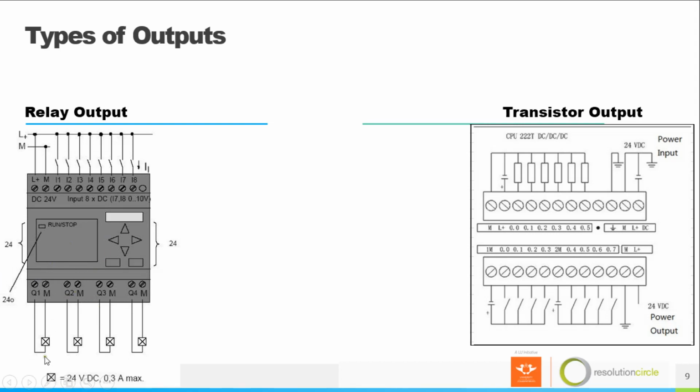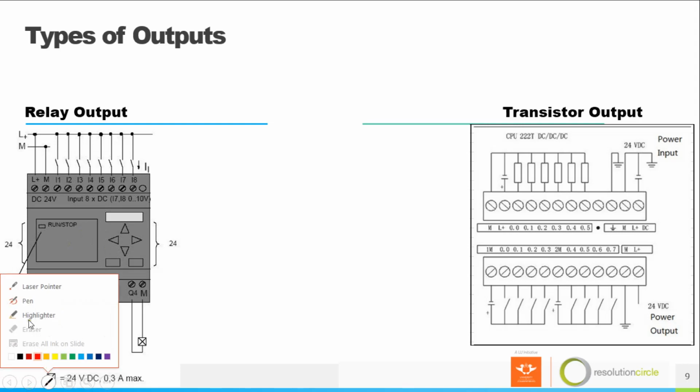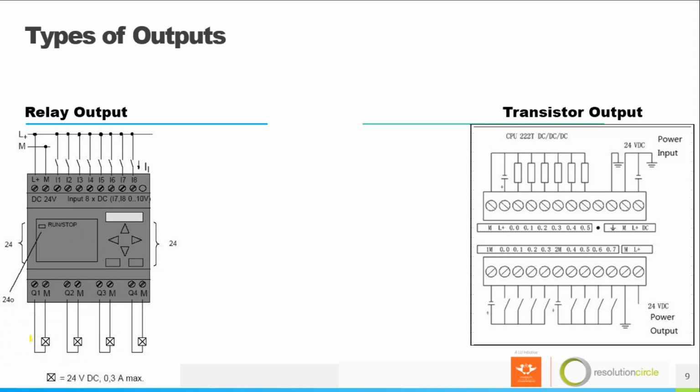The PLC that you're going to be programming for your basic PLC programming is going to be the Siemens LOGO. This is the PLC. It has about 4 relay outputs. What you apply on Q1 is what you're going to get on M1.